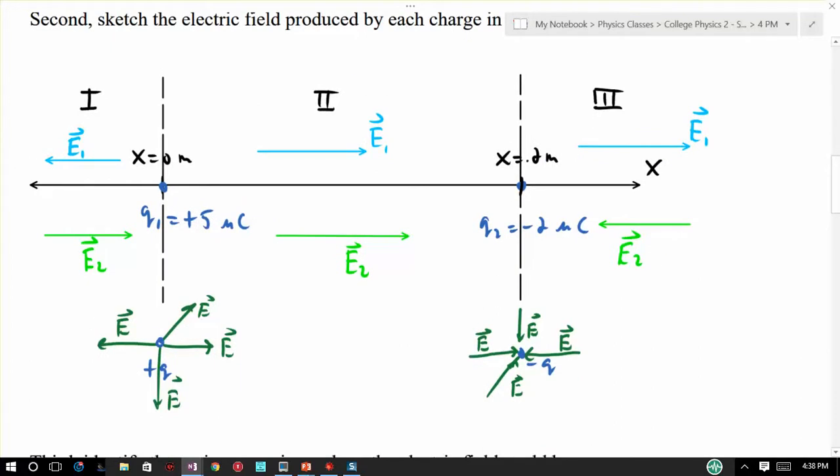So the idea is that the electric field for a positive charge always goes away from it. For a negative charge, it goes towards it. So the field for this positive charge just goes away on both sides, right? So to the right, which is here and here, it goes to the right.